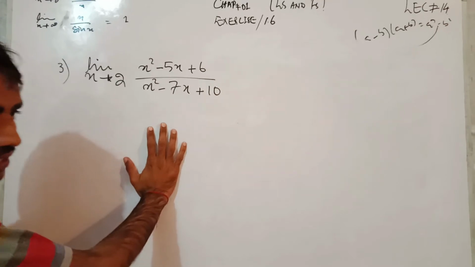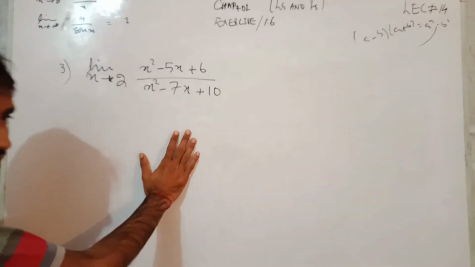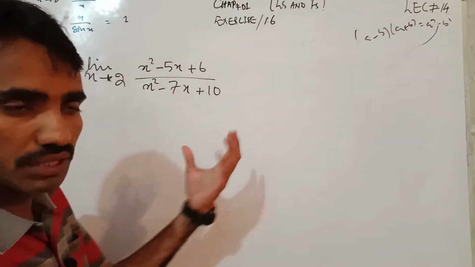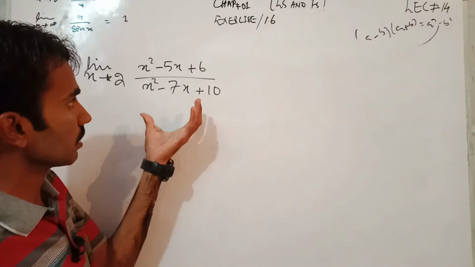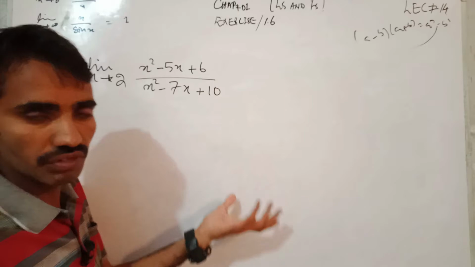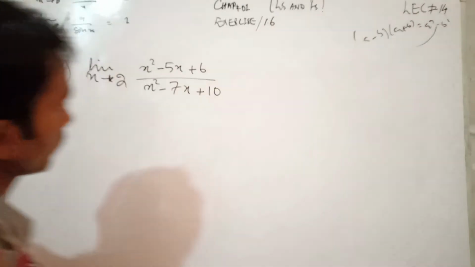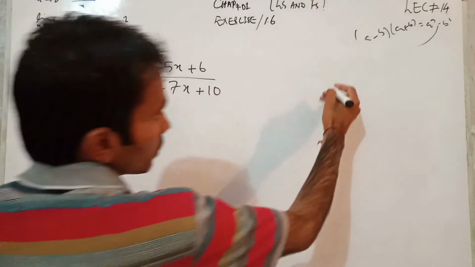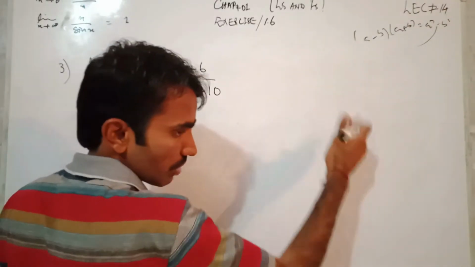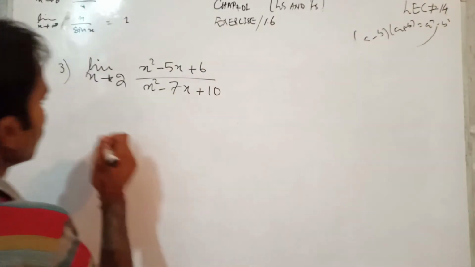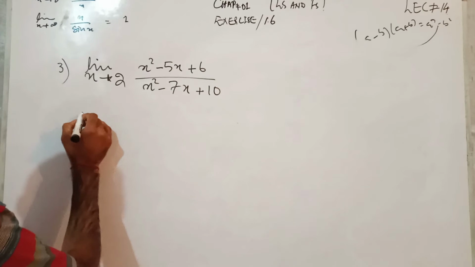Later on we move on to the middle term, and after the confirmation of the middle term, we move towards the formula minus b plus minus under root b square minus 4ac divided by 2a. So this is very easy.